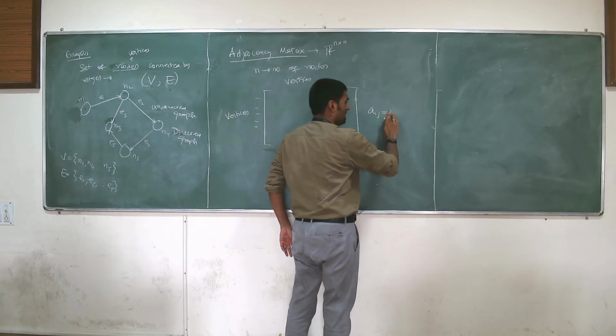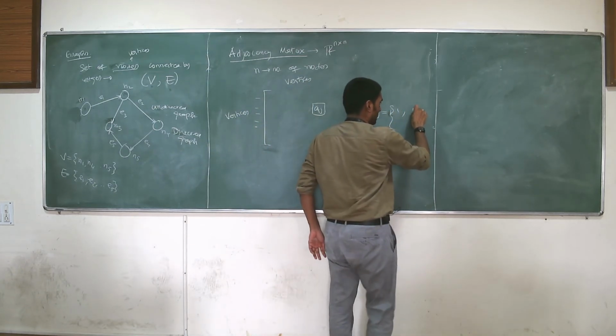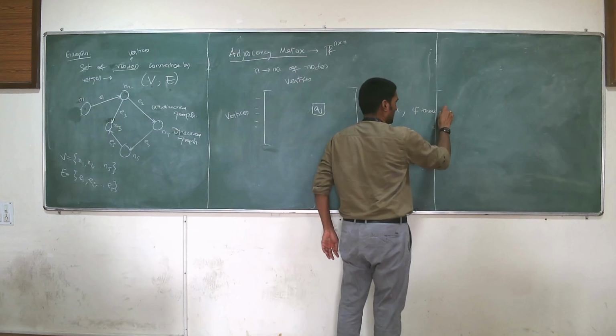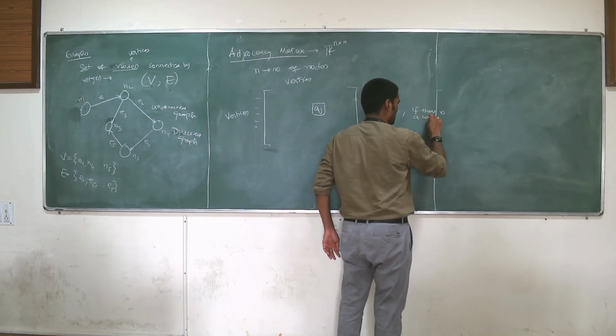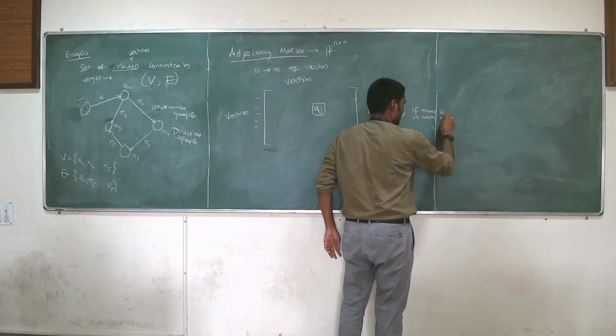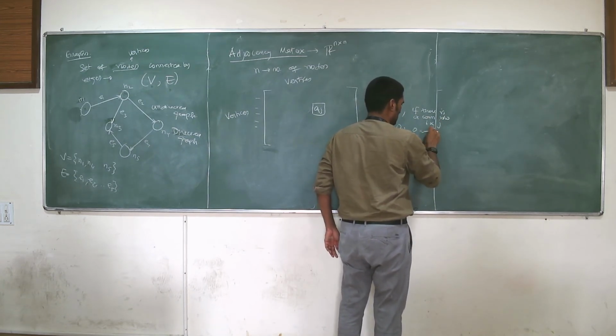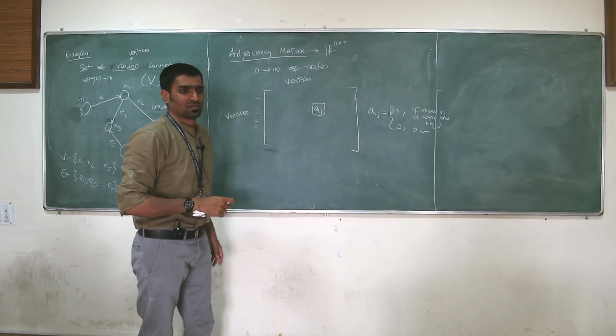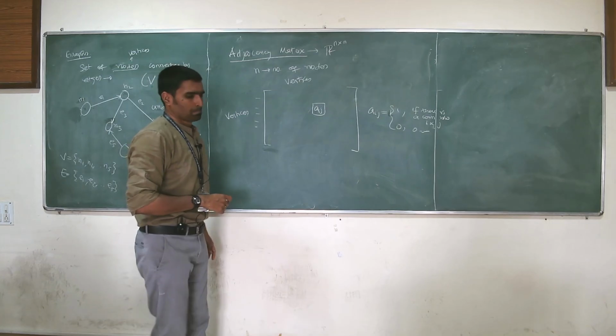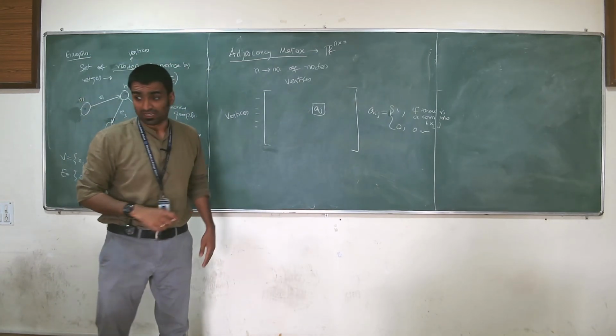Aij is equal to 1 if there is a connection between i and j, 0 otherwise. Okay, that's the definition for the adjacency matrix.